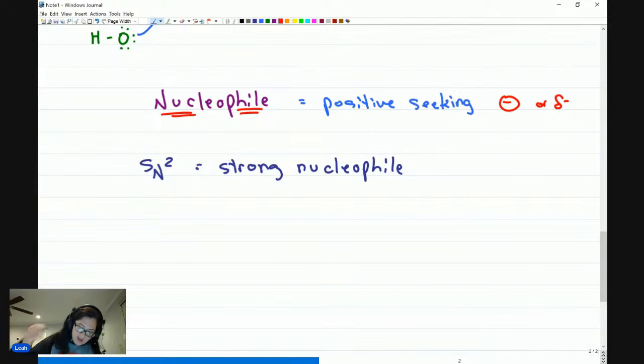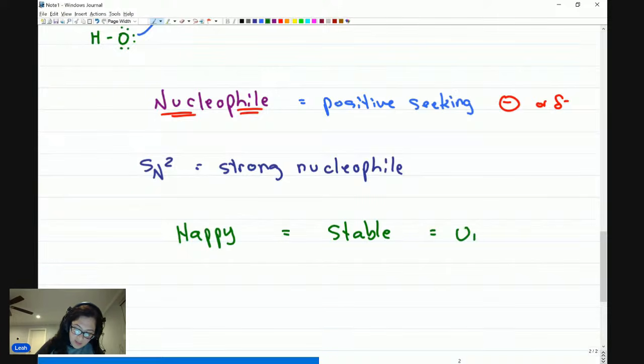And that has us take a step back to something you've probably heard me say a million times, depending on how many videos you've seen. And that is, when something is happy, it is stable. And if it is stable, it is unreactive, which would make it weak. If something is unhappy, then it is unstable, and that makes it reactive.